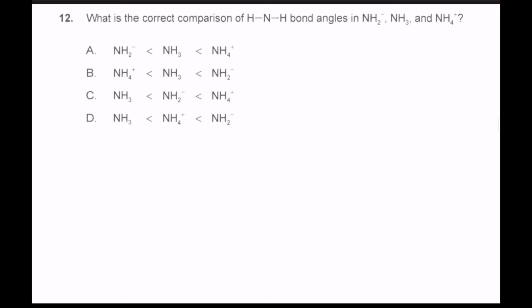Now moving on, question 12. You have to compare the bond angles in NH2 minus, NH3 and NH4 plus. The first is NH4 plus. NH4 plus is a complete tetrahedral structure with no lone pair, right? So NH4 plus will have a bond angle of around 109.5 degrees because it's just tetrahedral with no lone pairs.